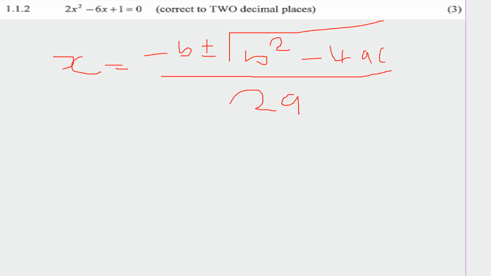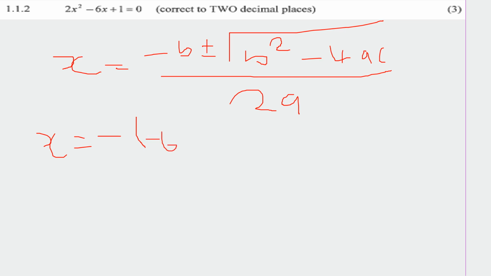So here we substitute our values. It's going to be x is equal to minus b. Our b is -6, so you open a bracket, because you substitute -6, not 6.